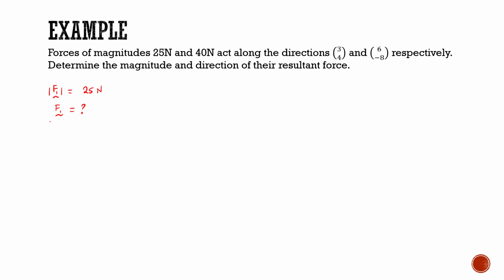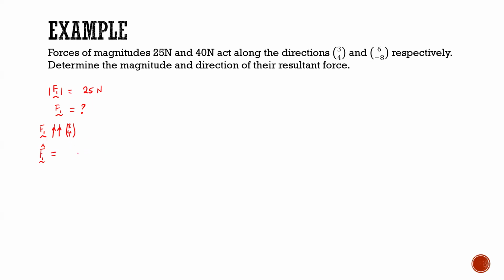In other words, F1 is parallel to the vector 3, 4. What does this mean? It means that they have the same unit vector. So that means that the unit vector of F1 is in fact the unit vector of 3, 4.